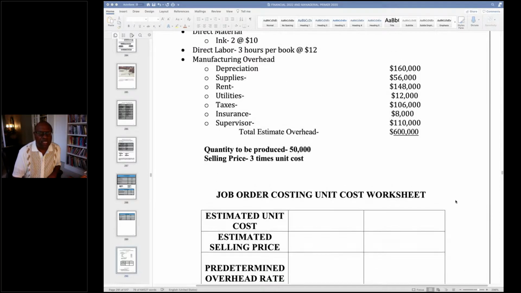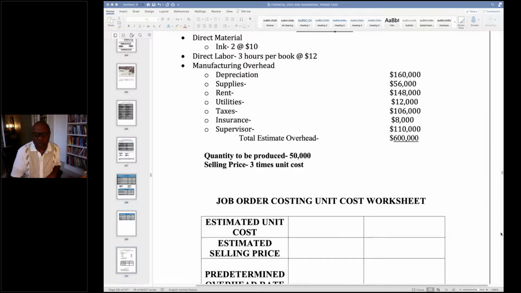Okay, it's in assignments now as an attendance quiz.